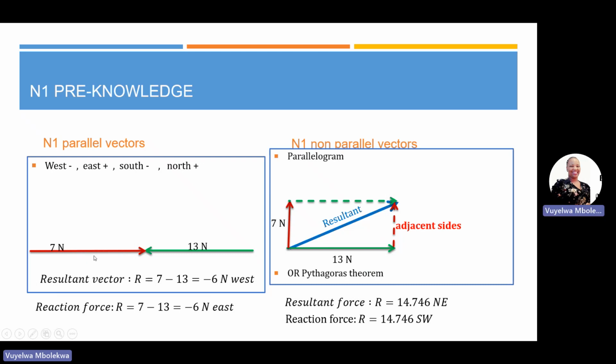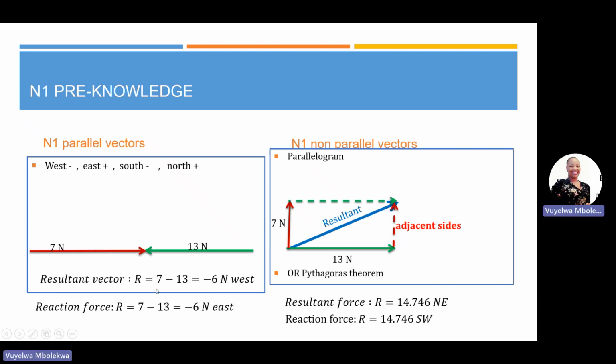You've got a 7 Newton vector going east, and you've got a 13 Newton vector going west. To get a resultant vector, you'll have to say east is positive, west is negative. So that was N1. So we had to say 7 minus 13, it gave us a minus 6 Newton. So the negative sign tells us that the 6 Newton force must go west. So this was a resultant vector.